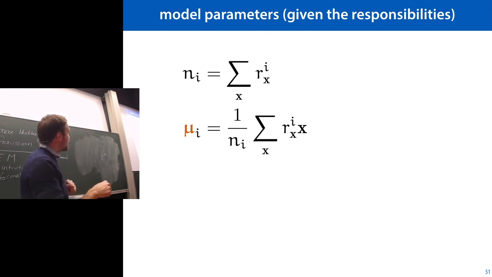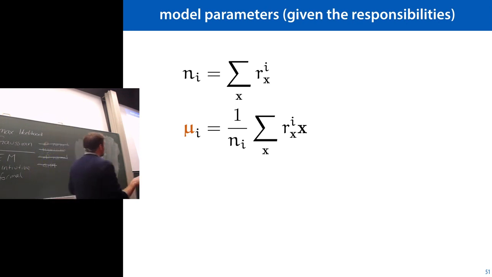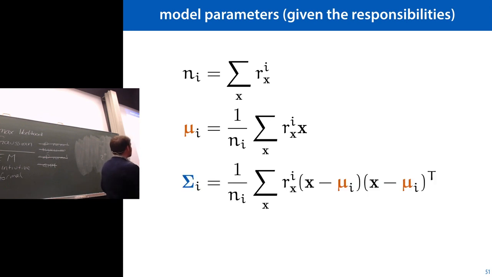Our new mean for component i is just a weighted mean. Instead of dividing by n, we divide by n_i, because that's the total responsibility that component i claims. The variance is also a weighted mean, so the normal variance is just the mean over this outer product. So instead of taking the proper mean, we take the weighted mean, weighted by the responsibilities.